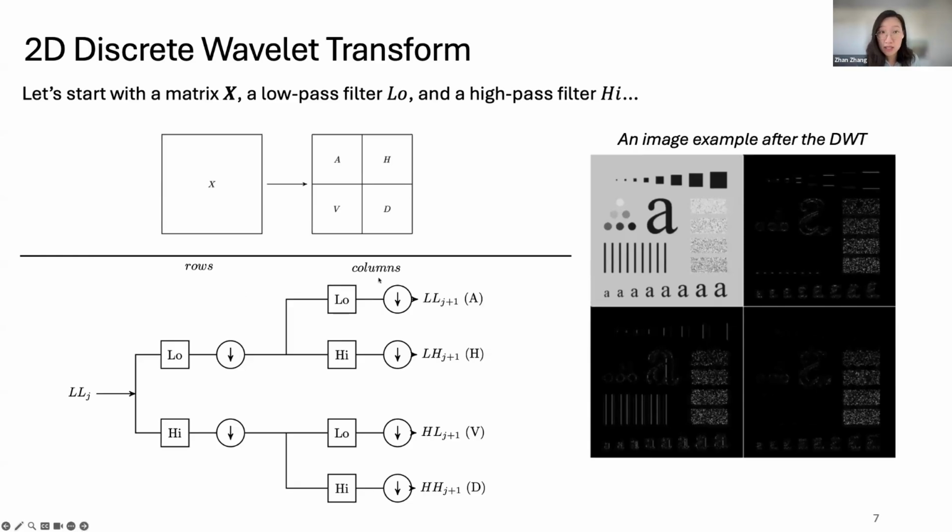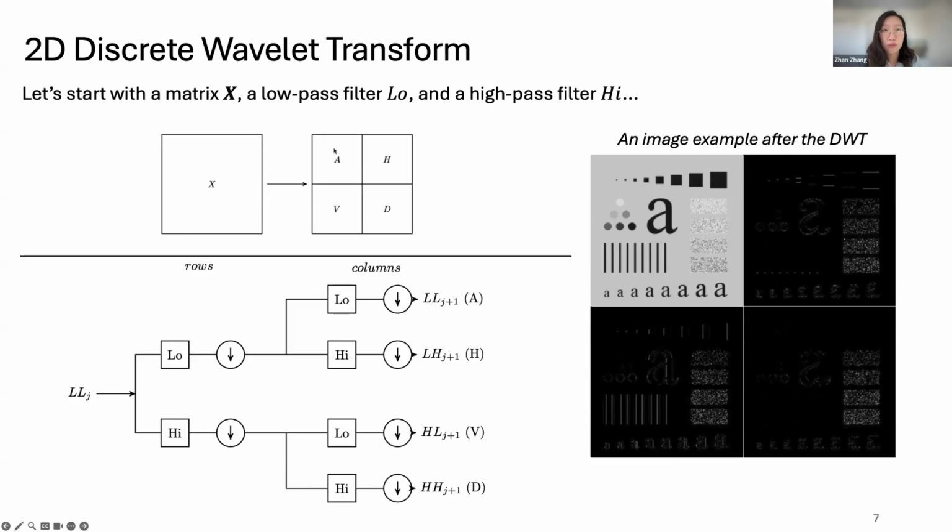So in the end, I have four resulting matrices, which can be presented this way. And among these four matrices, the upper left one is the one that's formed by running the low-pass filter along both rows and columns.